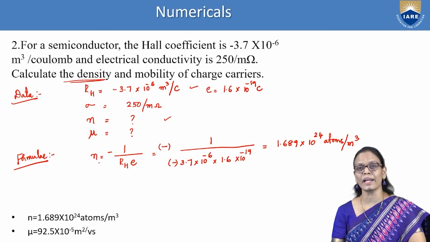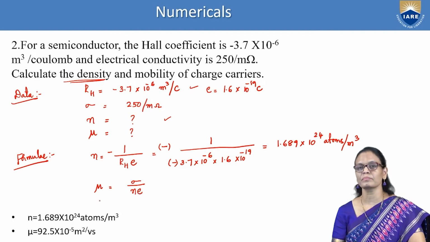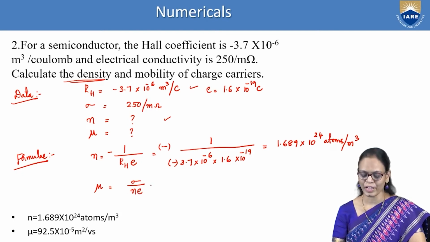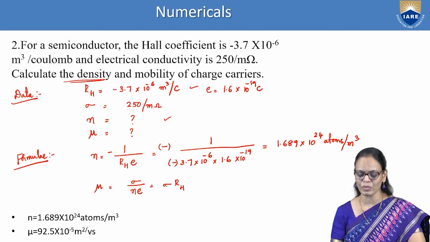So once you get N, you have to find the mobility mu. So what is the formula for mu? Mu is equal to sigma upon Ne. Or we can also use sigma into RH. Both are fine. Once you find N, you can use sigma upon Ne. Or instead, you know the value of sigma, you know the value of RH.